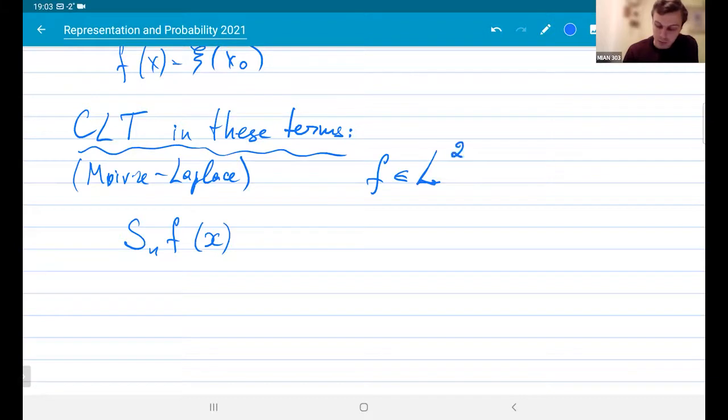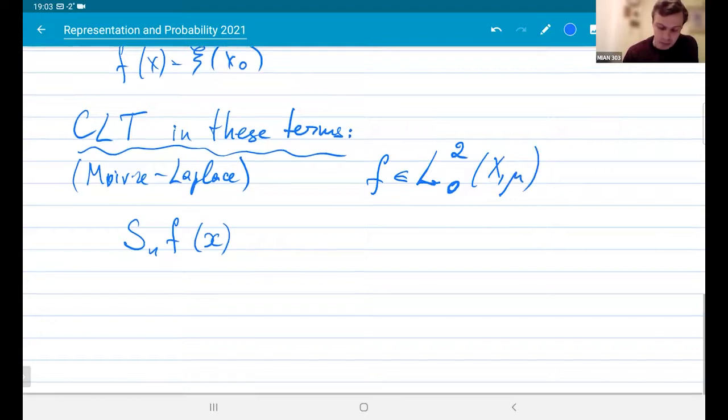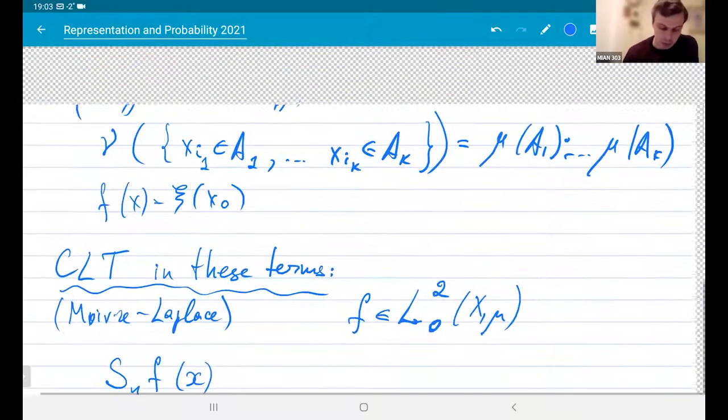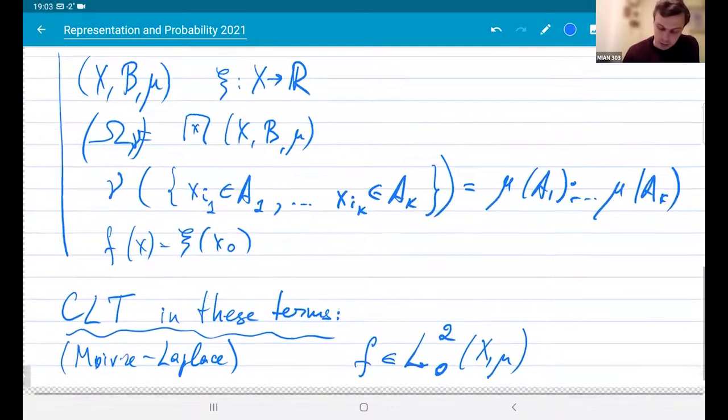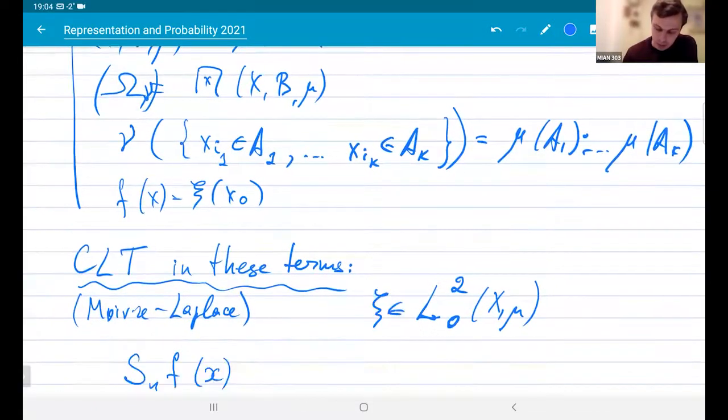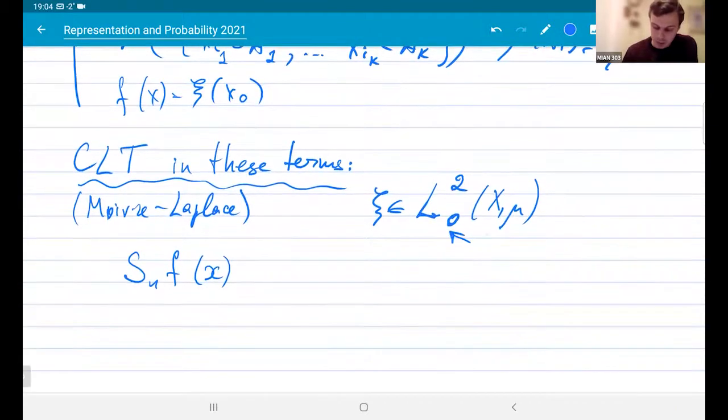And if you want to consider this setting, then you can say that ψ is here, so the integral of ψ dμ equals 0. So the average value of ψ equals 0. Then we don't need to subtract anything from our averages.